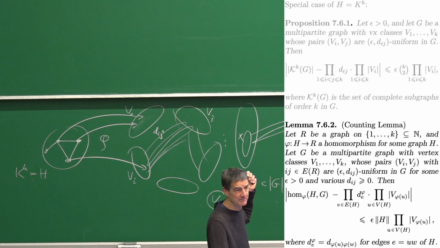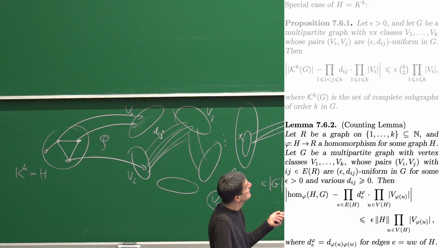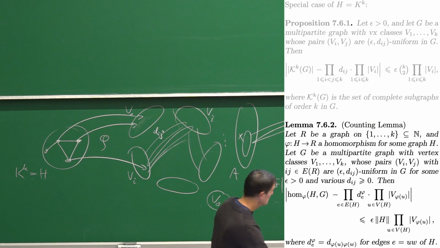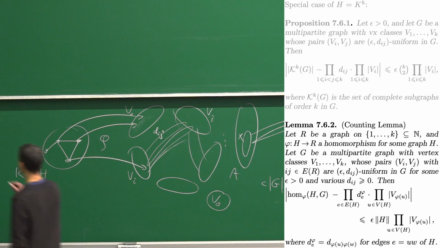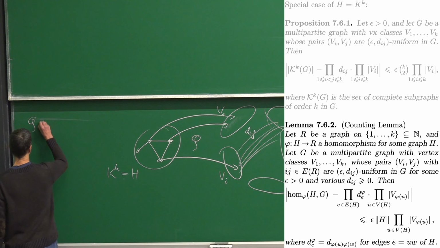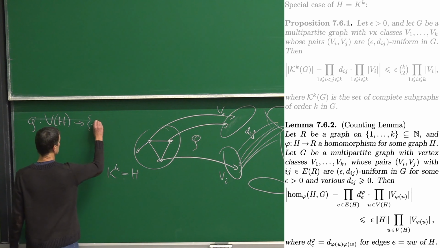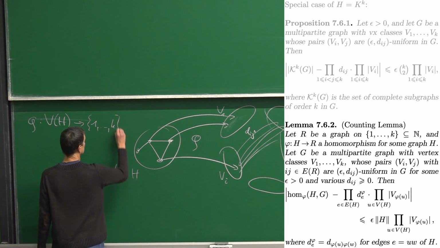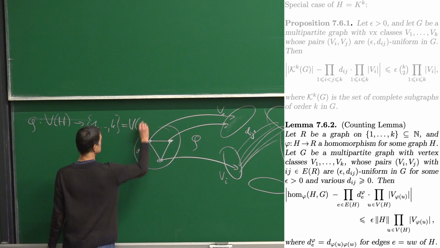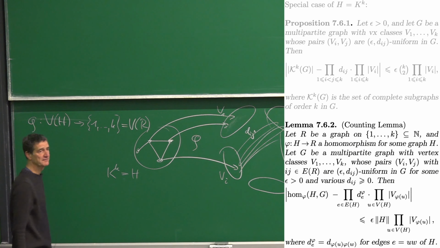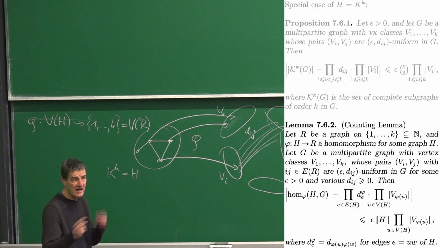That's why I call it big R. So phi maps the vertices of H to the set 1 to k, but this is the vertex set of a particular graph R, which may have some edges but not other edges.